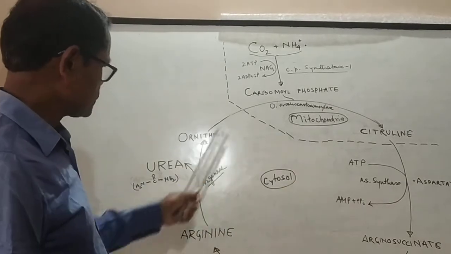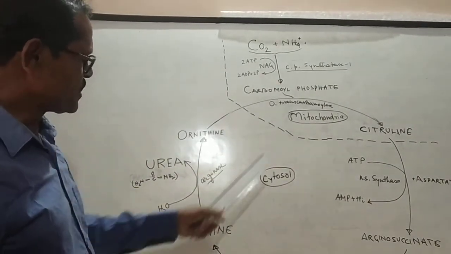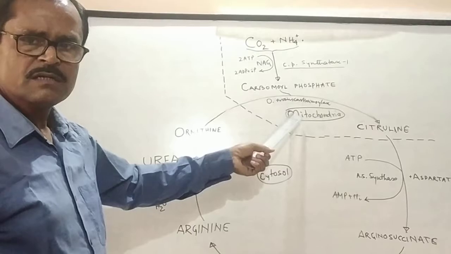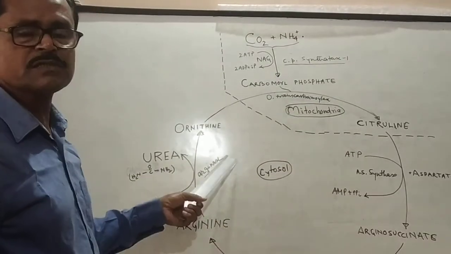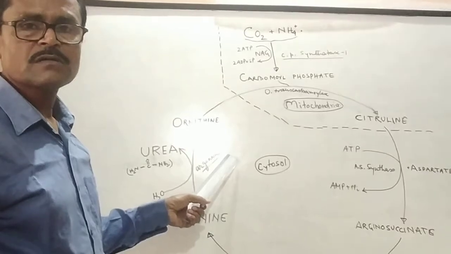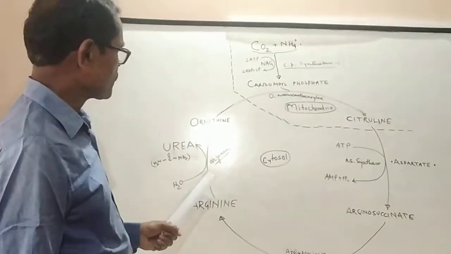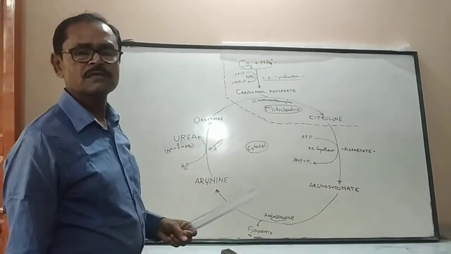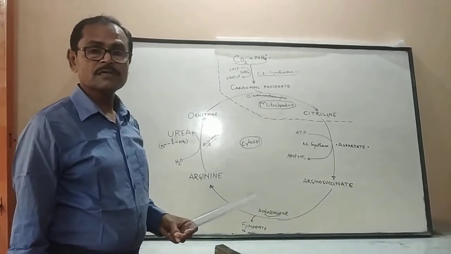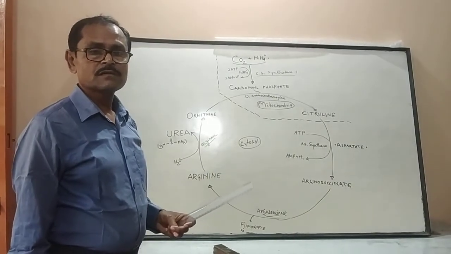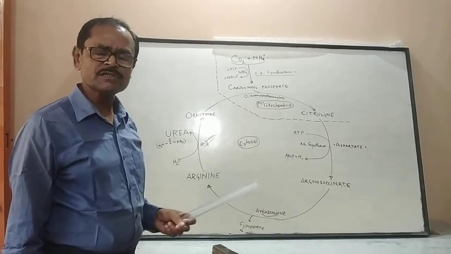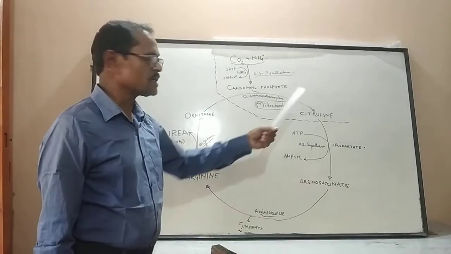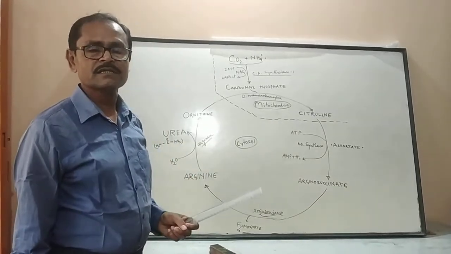So this is the urea cycle which takes place in the liver cell. A few steps take place in mitochondria, and then most of the process takes place in the cytosol. Here we are getting two main components, ornithine and citrulline. They are very important amino acids, and they are not synthesized by the genetic code because their synthesis does not involve DNA or messenger RNA.